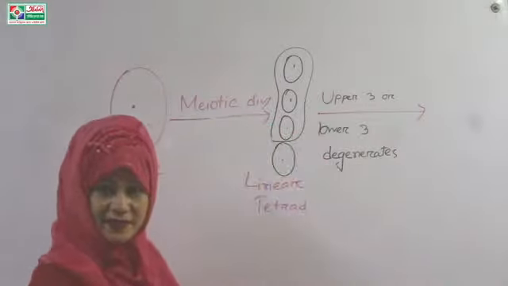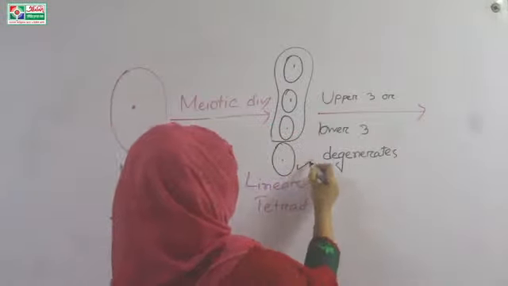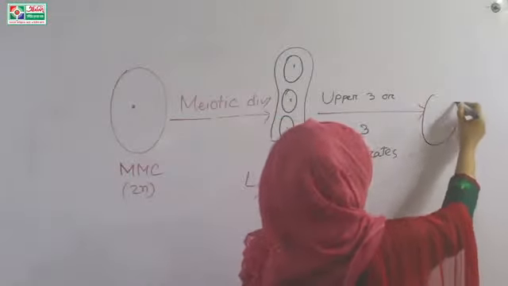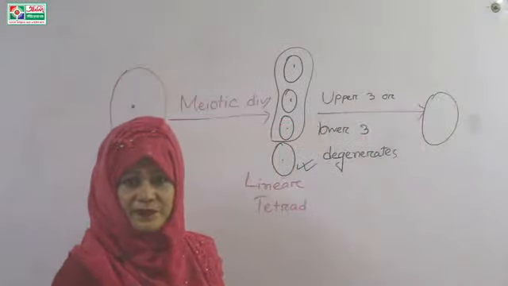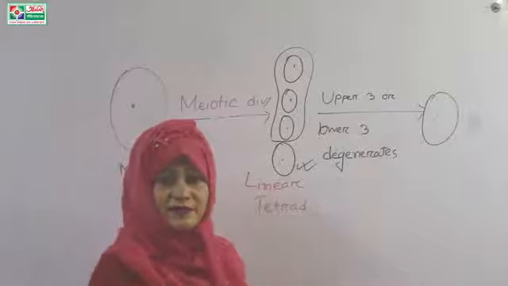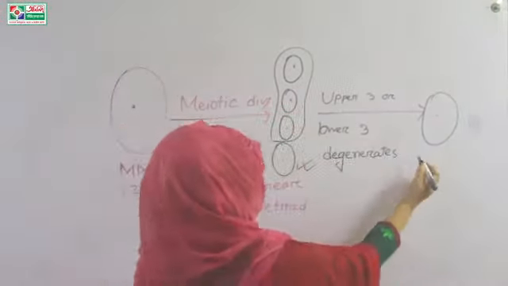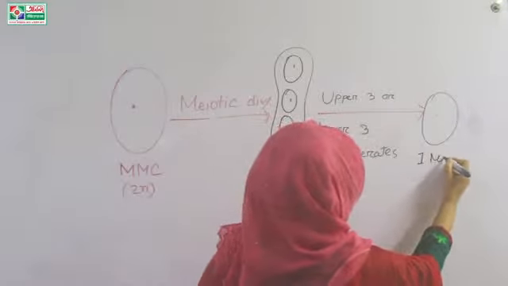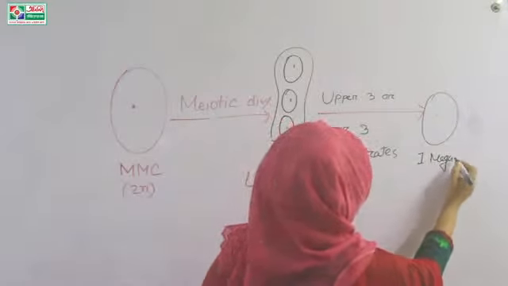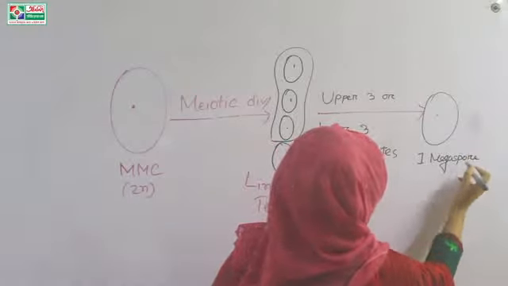What happens then? We are getting only one survival cell. That means one megaspore survives.